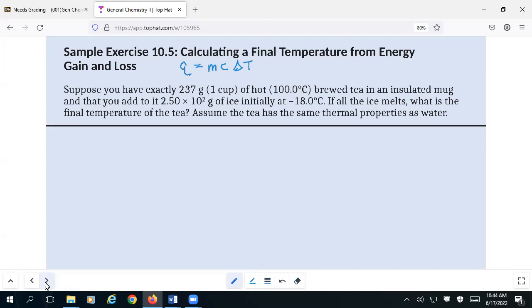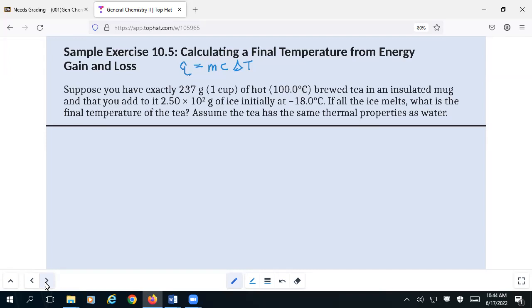That ice being initially at negative 18 Celsius. If all of the ice melts, what will be the temperature of the tea? And we can assume that the tea has the same thermal properties as water.